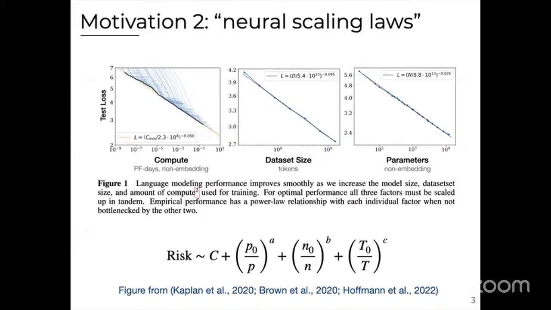And this has been very, very influential because, as you can see, training these models is very expensive. And by knowing this law, you have a way of saying how much resource you have to allocate to each of these things, depending on the constraints that you have. Let's say you have a fixed architecture, you have a fixed data set. There's no point in putting more compute than a certain amount given by this law.